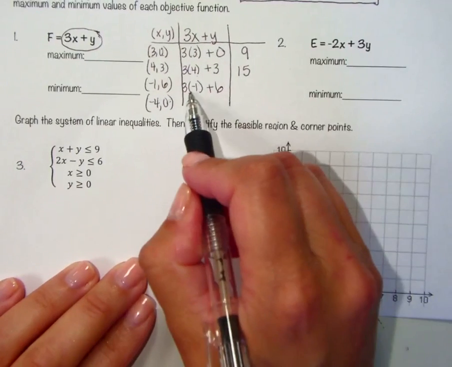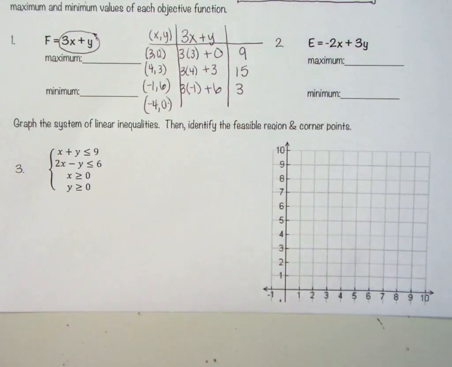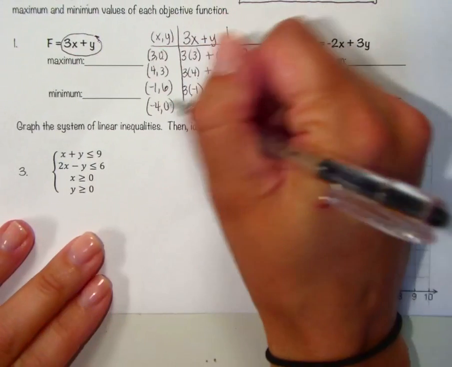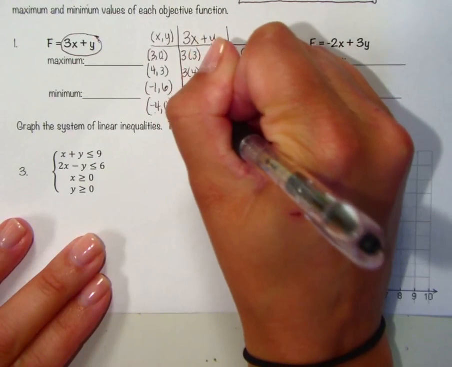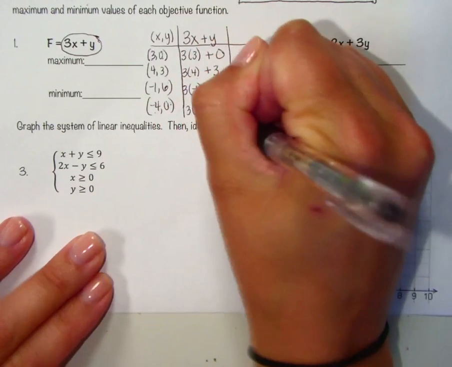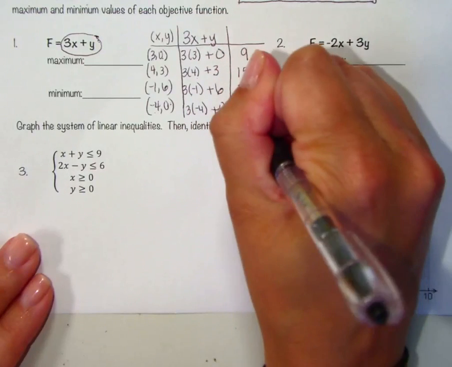This gives me -3 plus 6, which is +3. And then last but not least, x is -4, y is 0. That's going to give us a value of -12.